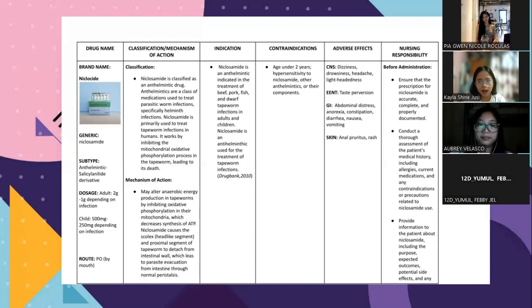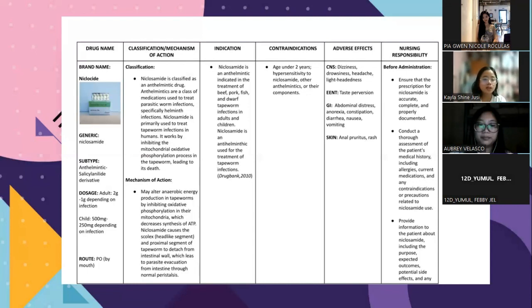Now for the eyes, ears, nose, and throat, niclosamide may cause the following adverse effects. Taste perversion, which is a change in the sense of taste resulting in altered perception of flavors.